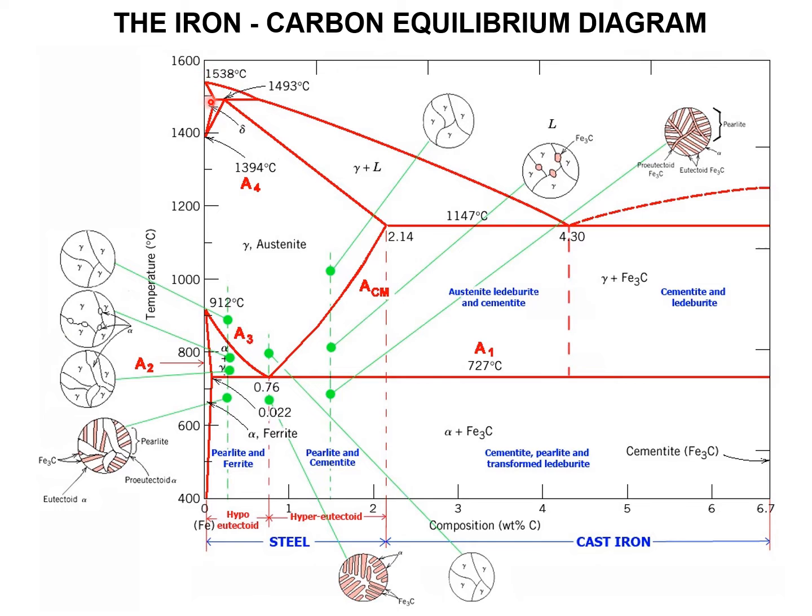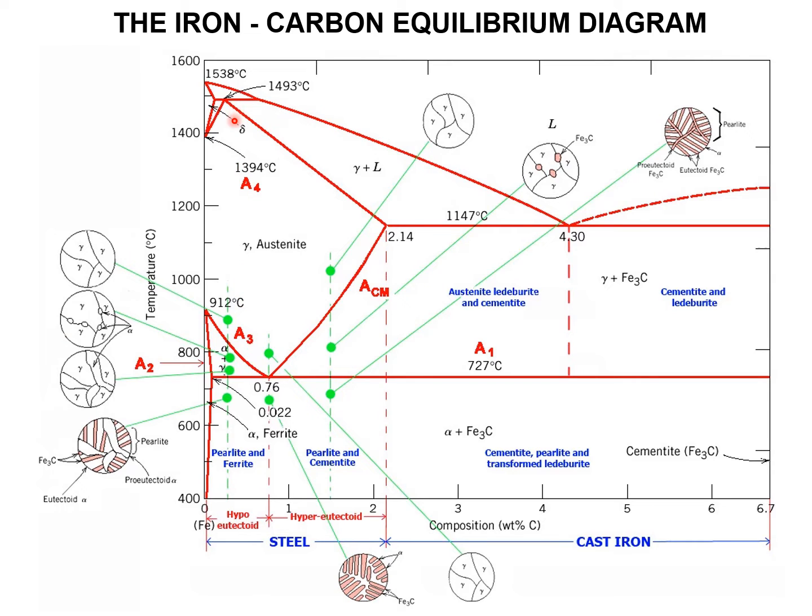Then slowly we cool. First it will form the delta phase, delta iron, at this temperature, and liquid will also be there. So here liquid plus delta will react isothermally and give gamma.